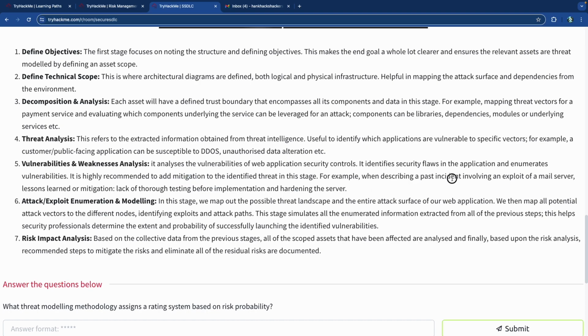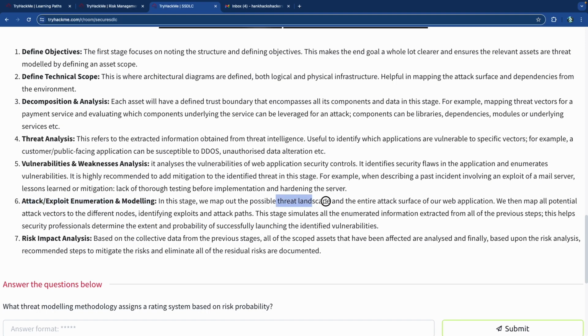So when you describe a past incident involving the exploit of a mail server, and then you learn some kind of lesson or mitigation from it, the thorough testing before implementation or hardening the server, all of these things could be examples that you found from previous analysis. And now if you found them, you add the mitigation immediately and you say, this is how we're going to fix this. And attack, exploit, enumeration, and modeling.